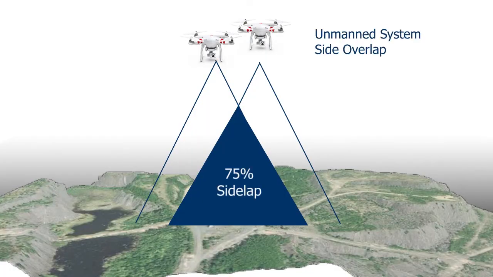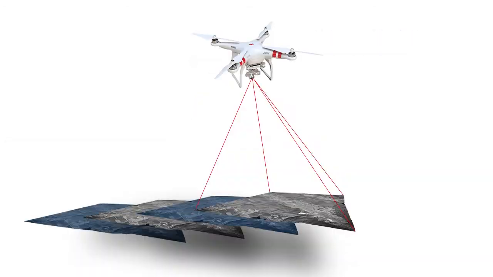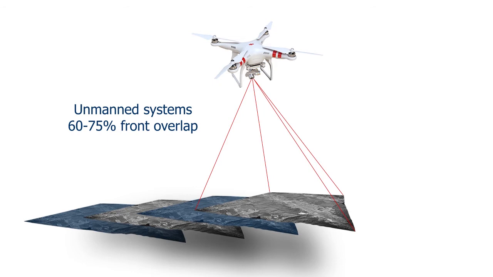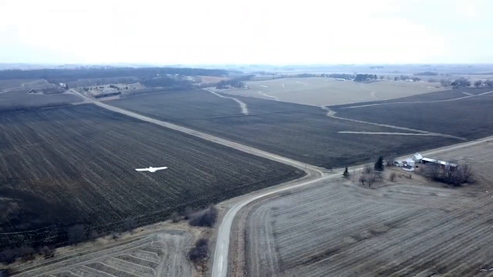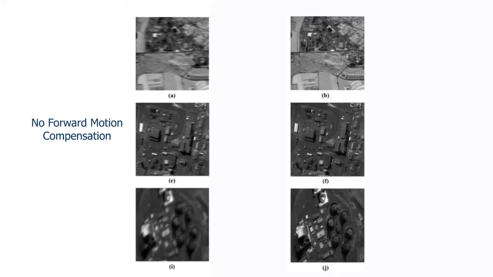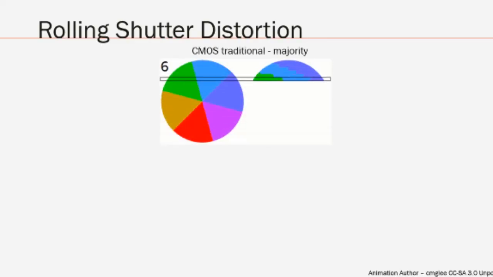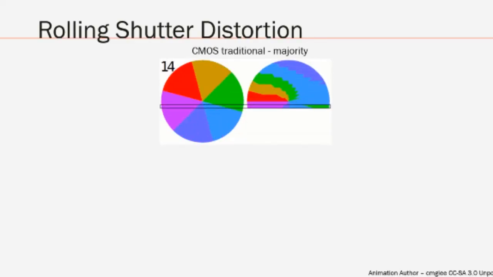Unmanned systems are typically flown at 60 to 75% side overlap to self-calibrate the sensor on every project. 75% front overlap is very common for 3D surface reconstruction. UAS are line of sight limited and forward speed limited for a variety of reasons. Those reasons include blur because the sensor does not have forward motion compensation, and rolling shutter distortion that affects both the EO and the IO.